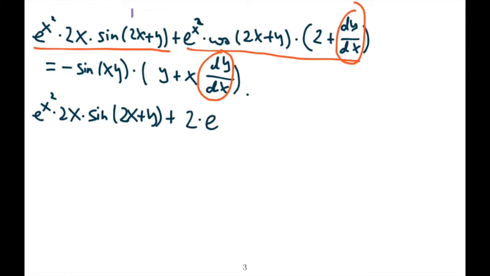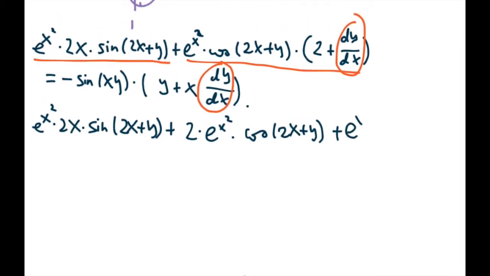That is 2 times e to the x squared times cosine of 2x plus y, and then plus dy over dx with e to the x squared times cosine of 2x plus y. That is e to the x squared times cosine of 2x plus y times dy over dx.